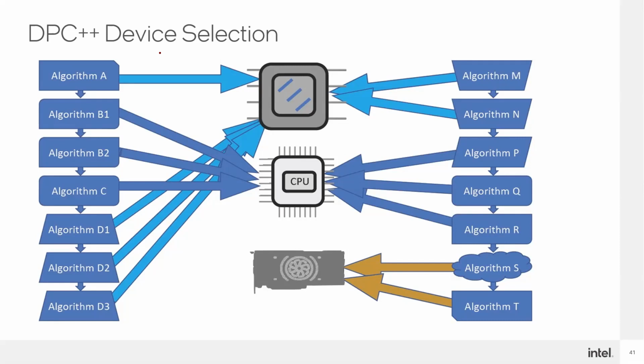Here, the main idea of SYCL is that you can target any device you want in one single code. So you can decide which part of your application you want to run on CPU, which one you want to run on GPU, and you fine tune the algorithm for that, or even on any other.